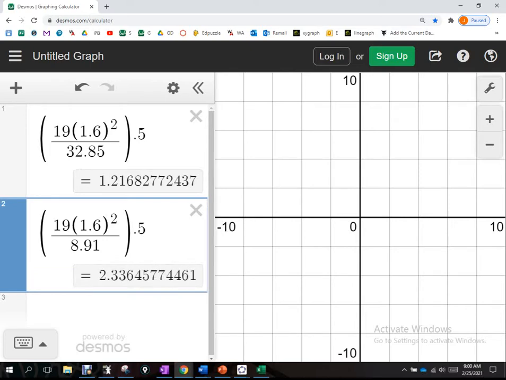So I get that. Okay. So what this is telling me right now is that the standard deviation is between 1.2 and 2.3 milligrams for this sample of 20 cigarettes.